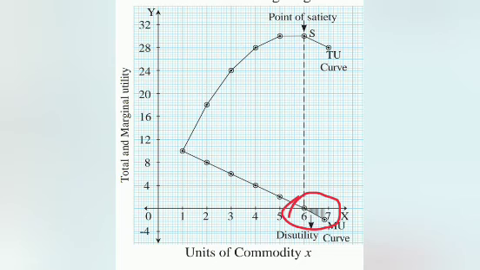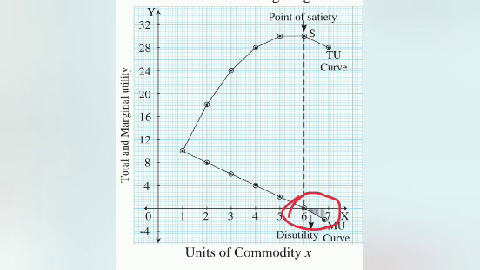Understand? After reaching the point of satiety, a rational consumer should stop consumption, since the maximum limit of satisfaction is reached and there is no addition to total utility by any further increase in the stock of the commodity. Consumption beyond the point of satiety transforms satisfaction into dissatisfaction.